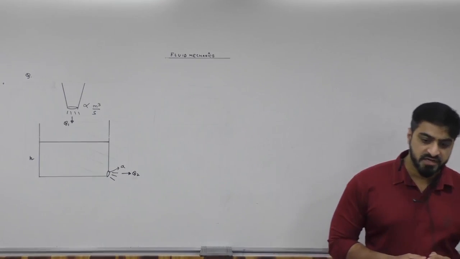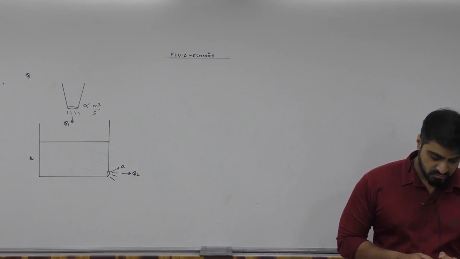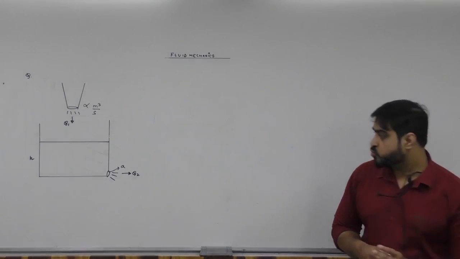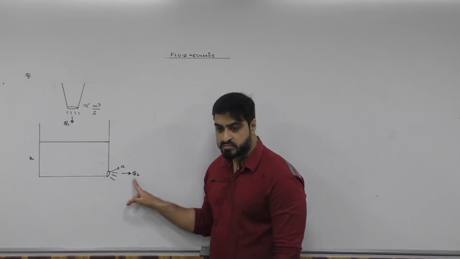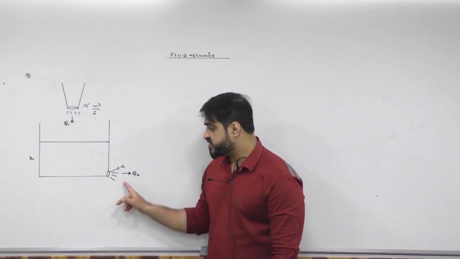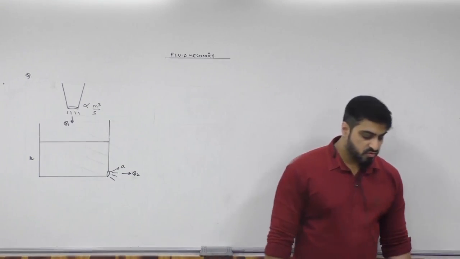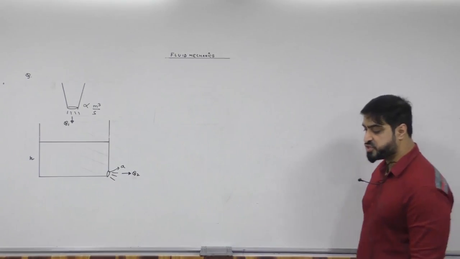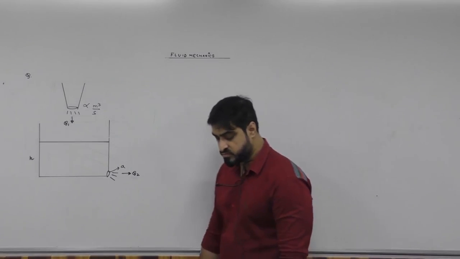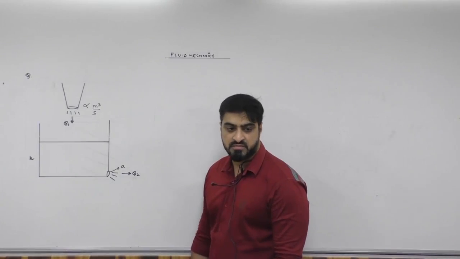The outflow rate is Q2, which increases with H. How?